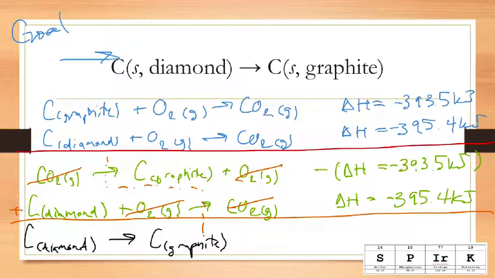But now we just need to multiply together that -1 and the -393.5. That just makes that number positive, and we add these two values together. When we do that, we get a delta H of -1.9 kilojoules.